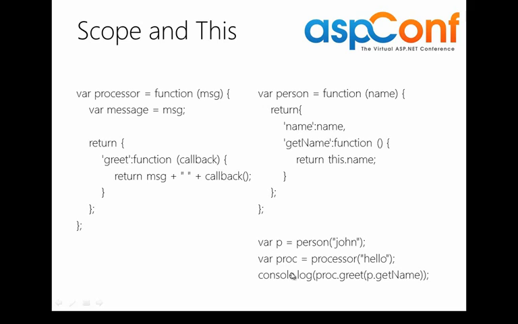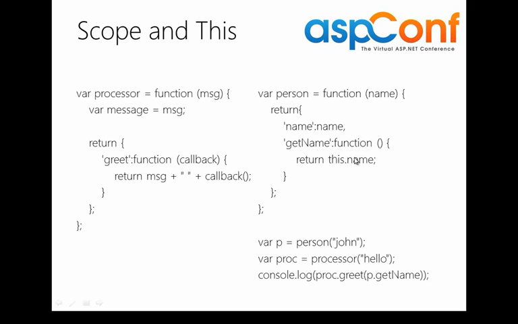And over here we are executing that. So we're going var p equals person John, that gives you your first object. You then have var proc equals processor hello, that gives you your second object, and then you do console.log processor.greet with p.getName, so we're calling that function, and passing that function as a callback.